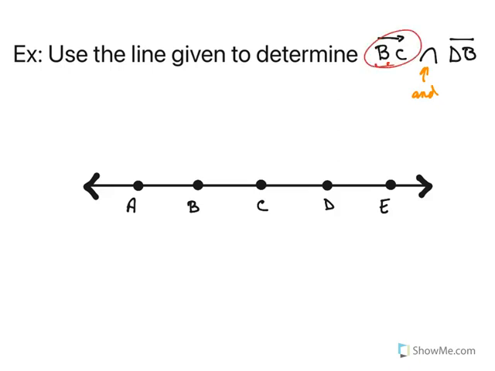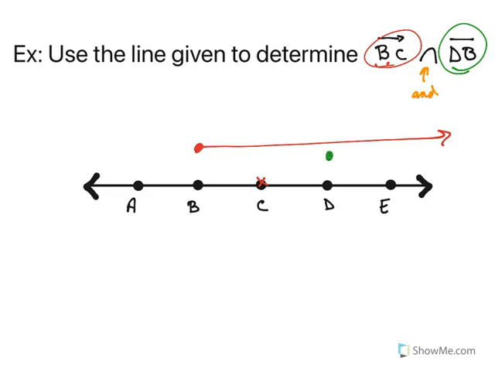First, let's look at ray BC. That means we start at B and we go towards C, which is here, and we go forever. So that ray that I drew above represents ray BC. Now, I want line segment DB.